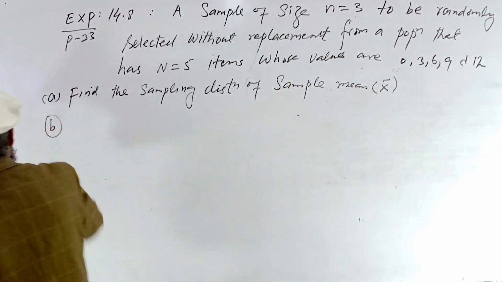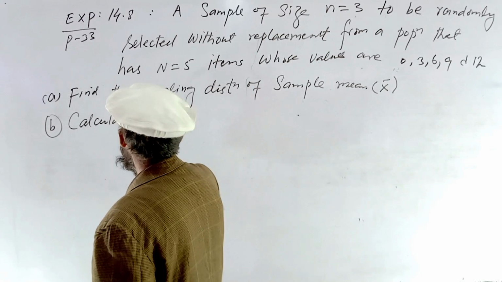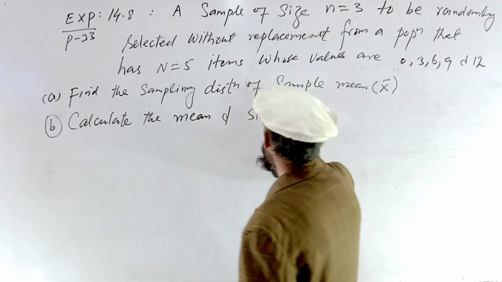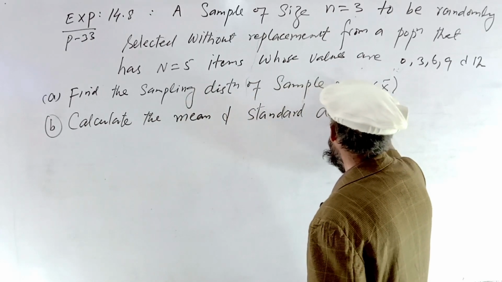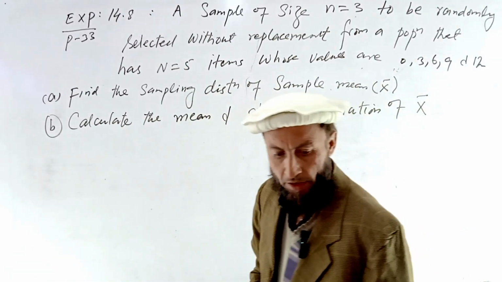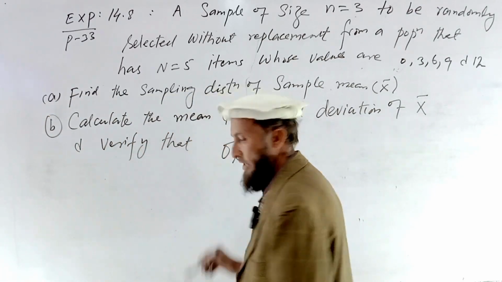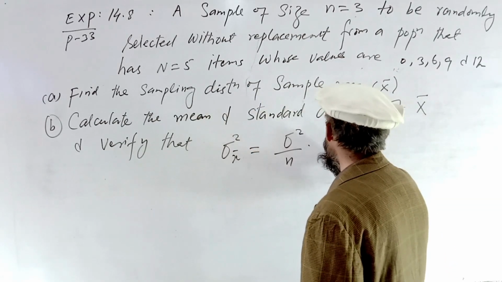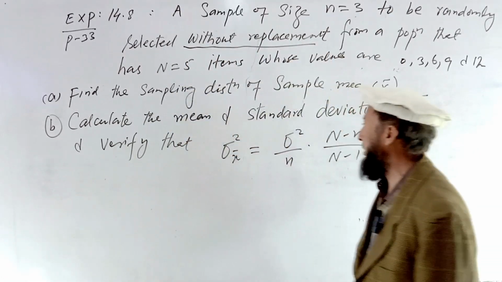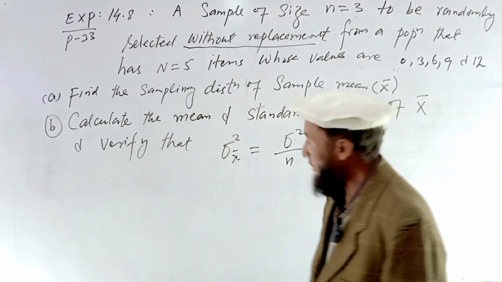In part B, calculate the standard deviation of the mean, and also verify that sigma squared X bar is equal to sigma squared divided by n times (N minus n) divided by (N minus 1), because the case is without replacement, so the finite population correction term is used. Now the solution; we start from here.